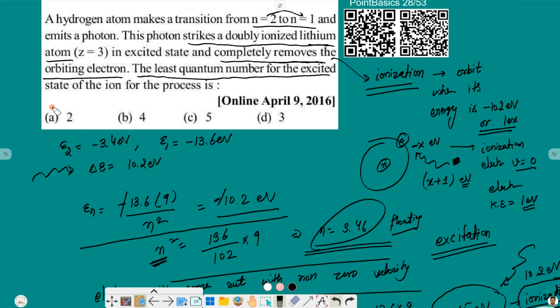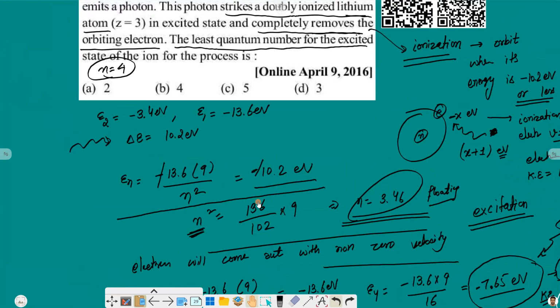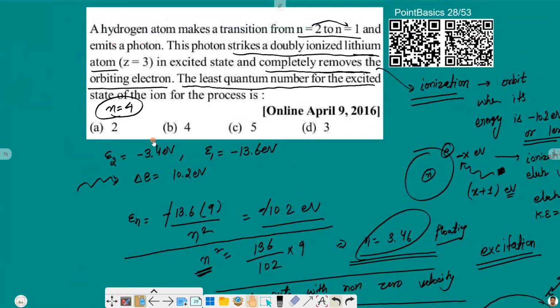And we have solved that for ionization to happen, the electron must be in the fourth level, and the fourth level means the third excited state, and that is the ask here, from which excited state it will happen. So the atom has to be in the third excited state. So option D is the right answer here. I hope it is clear to you.